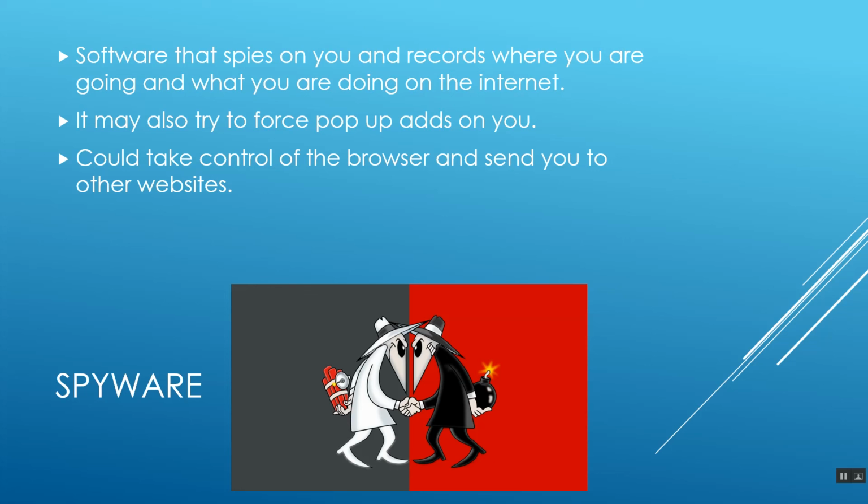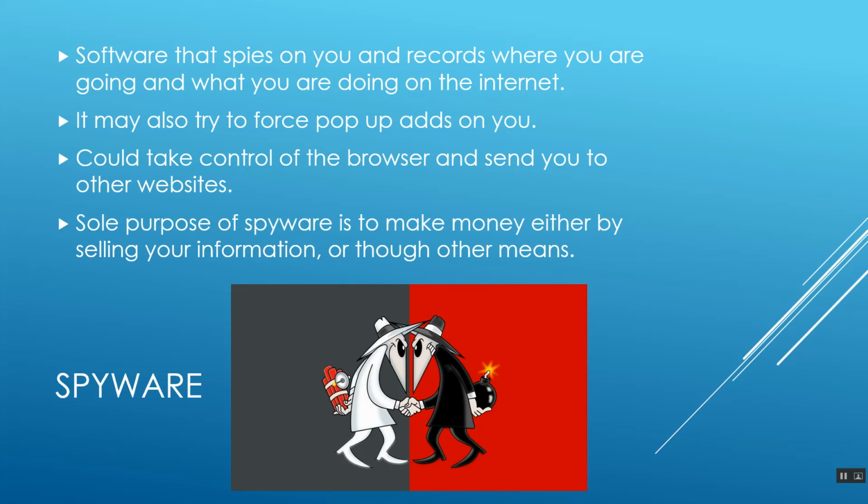Buy this, buy that, spend money on this. Now, obviously, the whole goal of spyware is really just to make money. It can either be by selling your information or through other means, like clicking on those ads. They make fractions of a cent every time someone gets sent to those links, or every time someone clicks on that advertisement. When you get sent to those other web pages where they're asking you to buy stuff, if you spend money, obviously they make money.